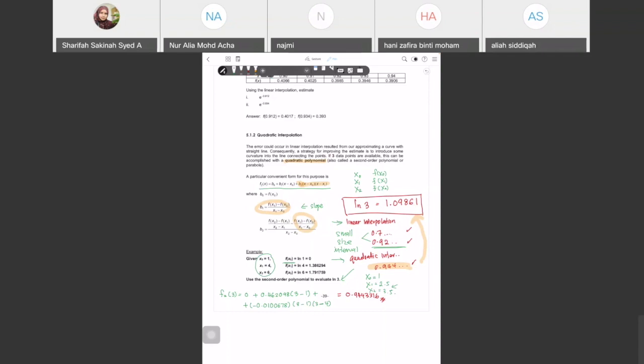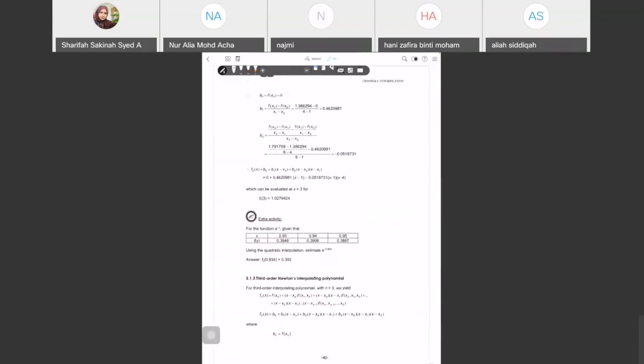So this is how you choose which method to implement in your coding, because numerical method is a tool to help you solve mathematical problems that cannot be solved by exact solution, right?